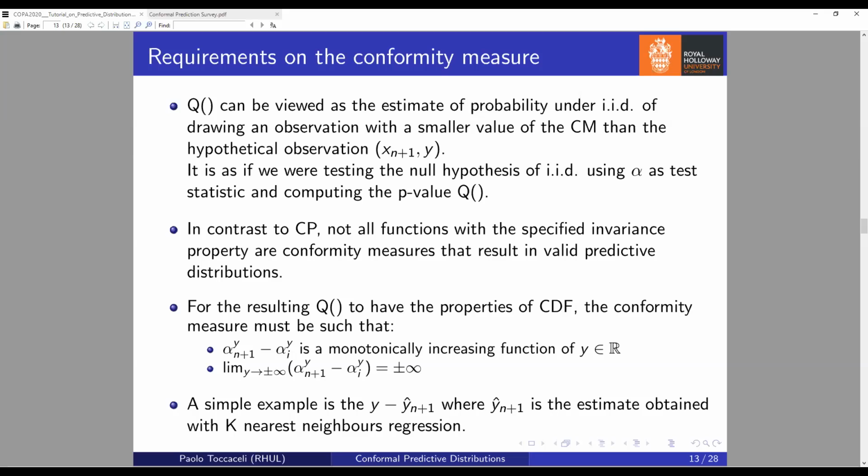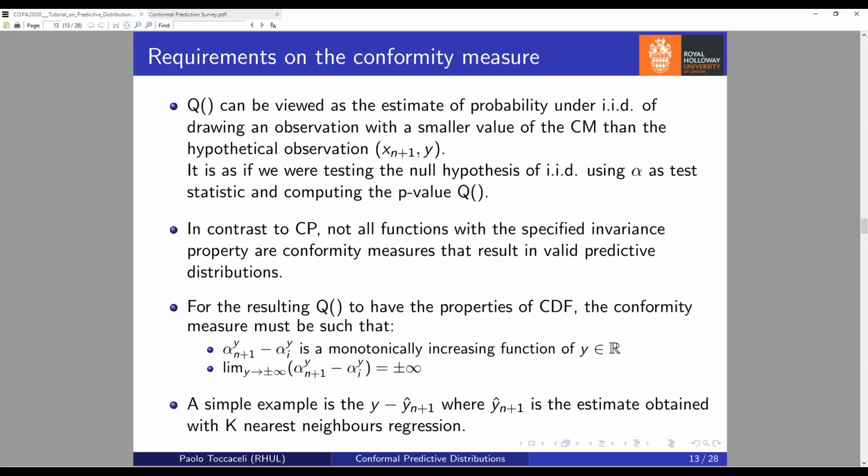Now, let me say something about the additional requirement on the function A. The function capital A that I mentioned before must be such that the alphas have these properties. The difference between the alpha with y and n+1 minus alpha of y and i is a monotonically increasing function of y for all values on the real axis.